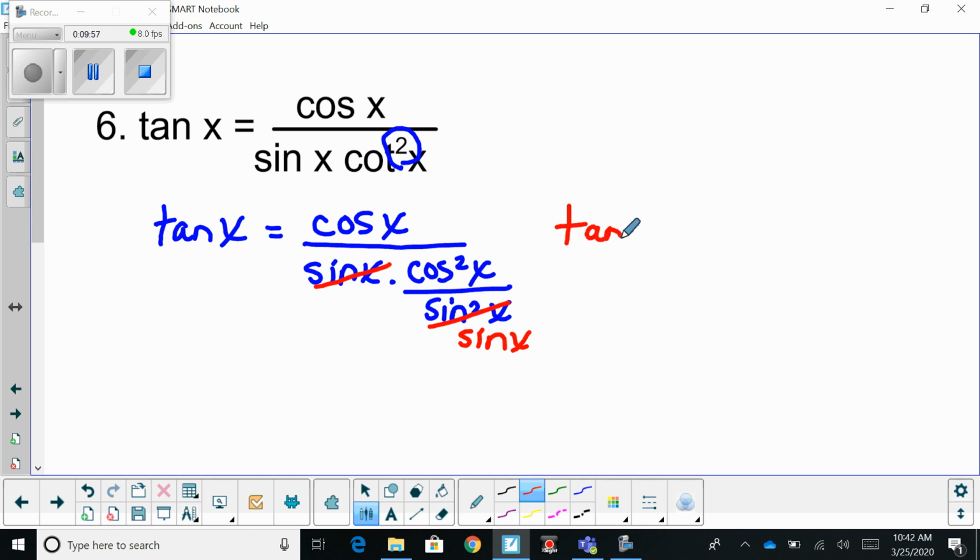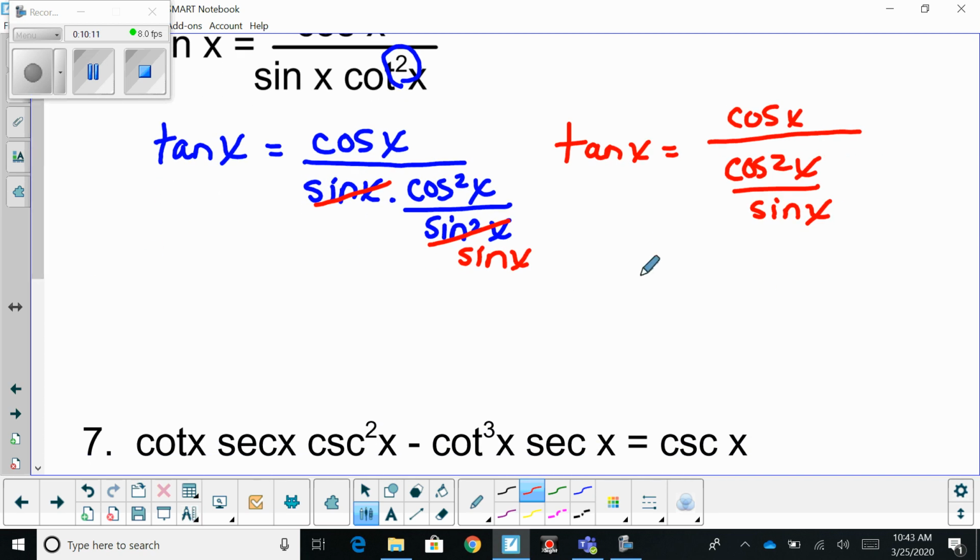So it's like tangent x is equal to cosine x all over cosine squared x over sine x. I'm going to keep change flip on the right. I'm going to keep cosine x, change to multiplication, and flip the sine x.